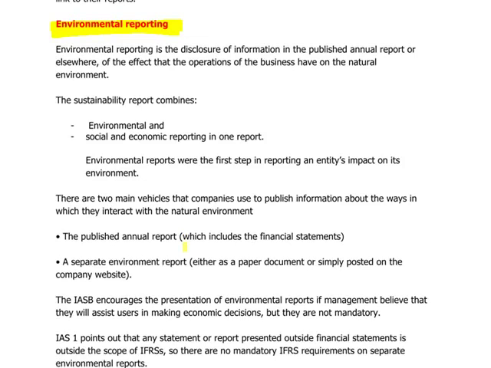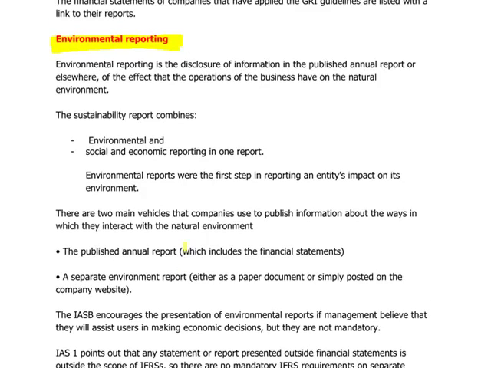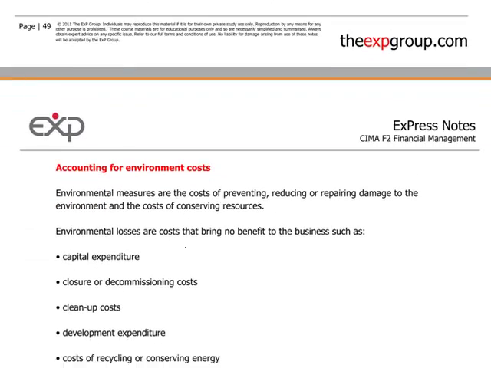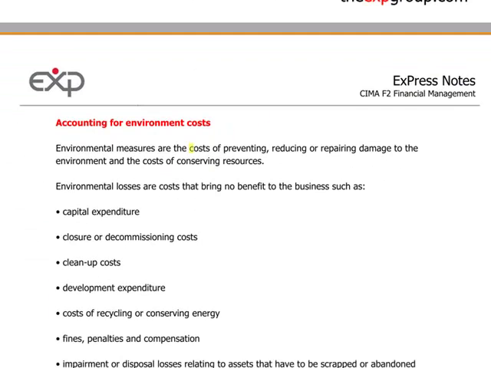Okay, this being said, when you talk about environmental issues, there will of course be various costs, and I think the most important ones companies should focus on are the costs of preventing, reducing, and of course, if you can't prevent or reduce the impact you have on the environment, you will have to repair the damage.